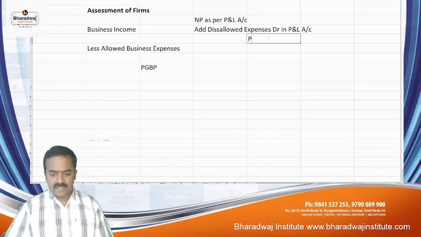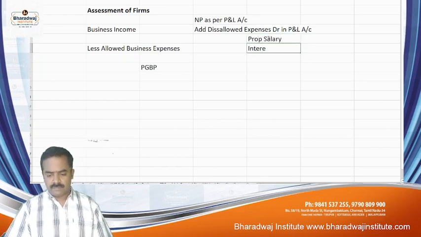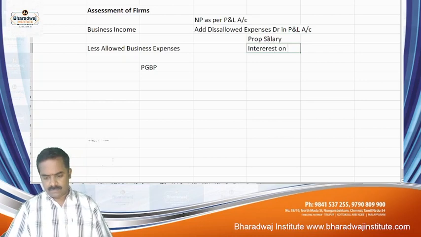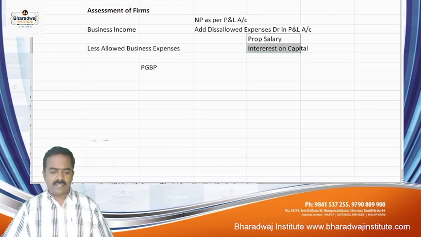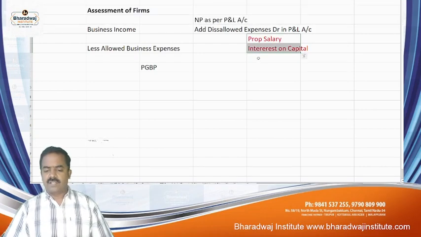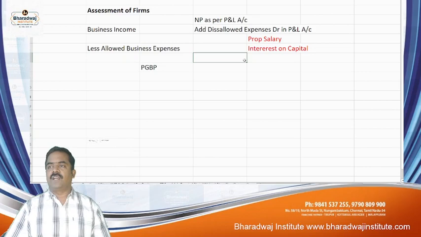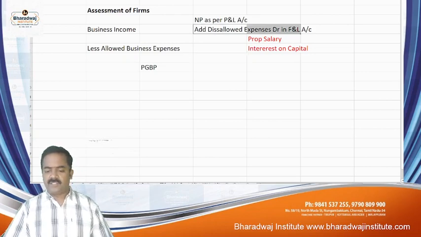In that, the most important thing is proprietor's salary. You will add back proprietor's salary and interest on capital paid to the proprietor. Is it allowed or disallowed? Disallowed as expense.